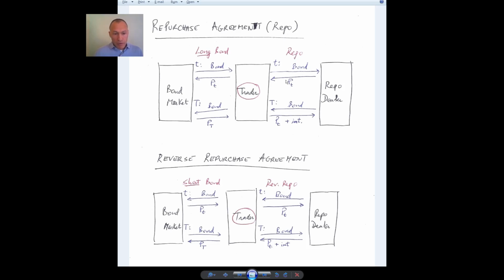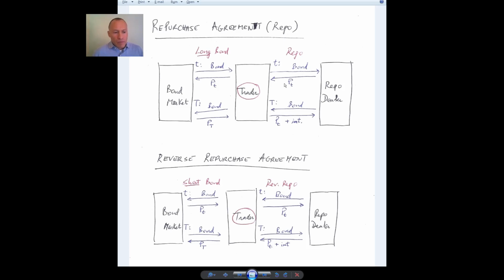This is called a repo because at the initial point, we agree to later on, at the later date, capital T, reverse the trade, meaning we get the bond back and we pay to the repo dealer the initial price plus some interest. This is the repo interest rate.